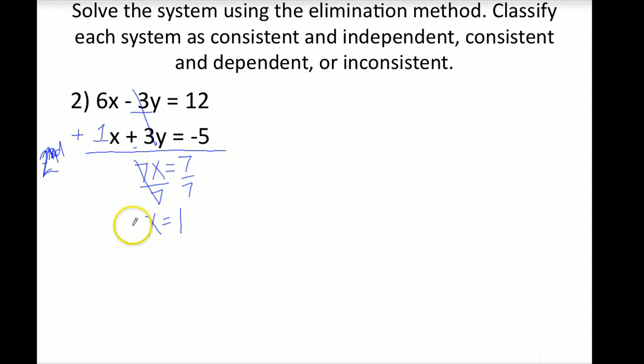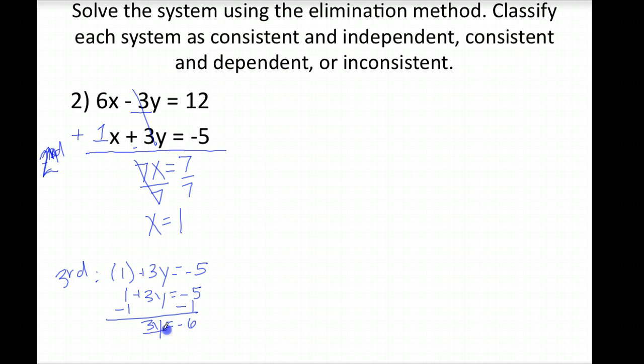So our third step, we substitute in 1 for either equation to solve for y. I'm going to substitute into the second equation. So I get 1 plus 3y equals -5. Subtract 1 from both sides. Get 3y equals -6.